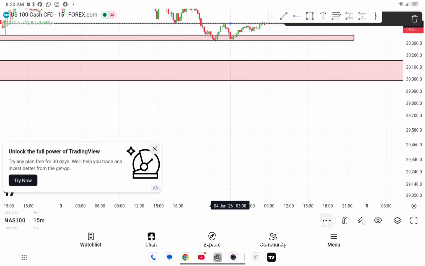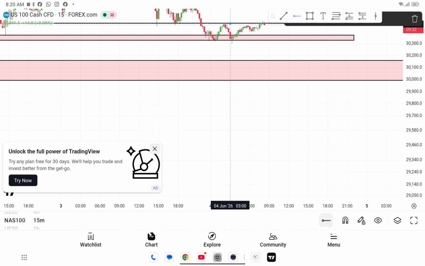But I'm waiting for the New York session, which is, I think, 2:30 p.m. New York time, and that's 3:30 Nigerian time. So once it's 3:30, I go back and check my recent fair value gap, and wait for the market to react from any of those zones.